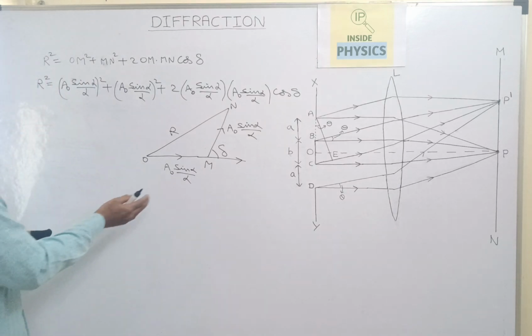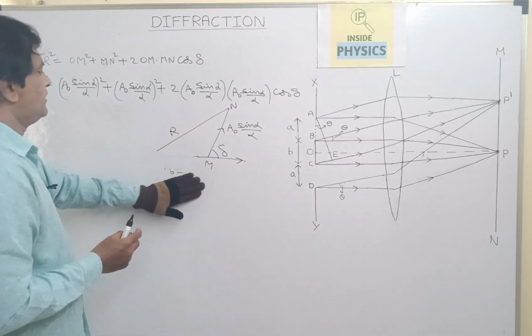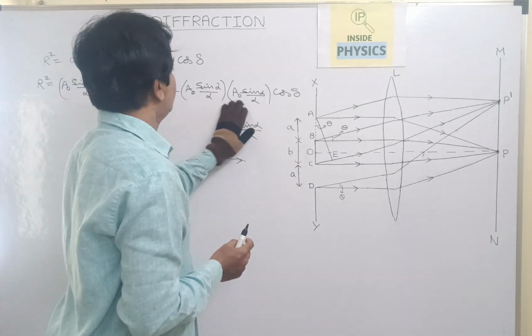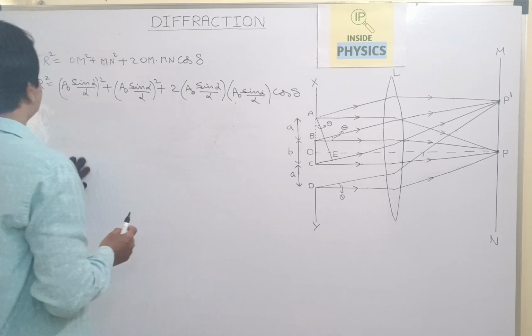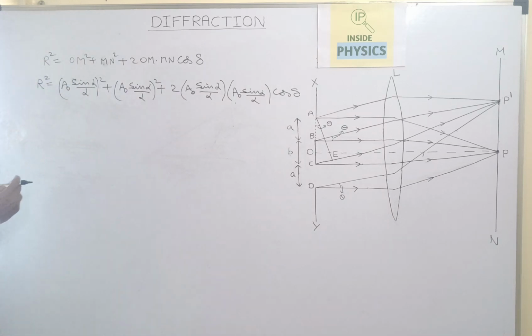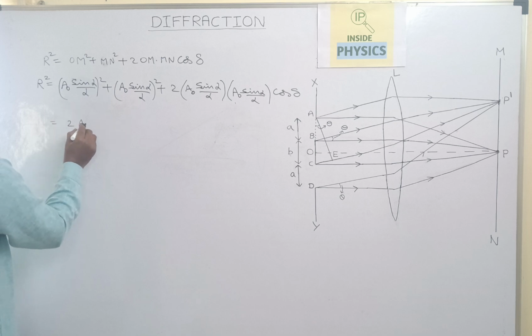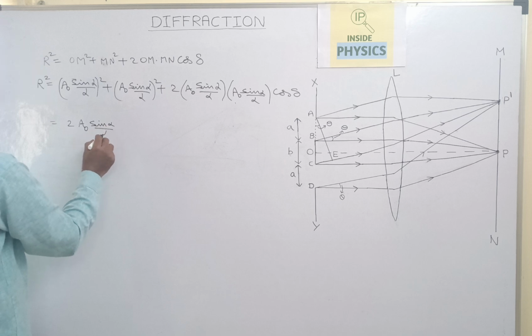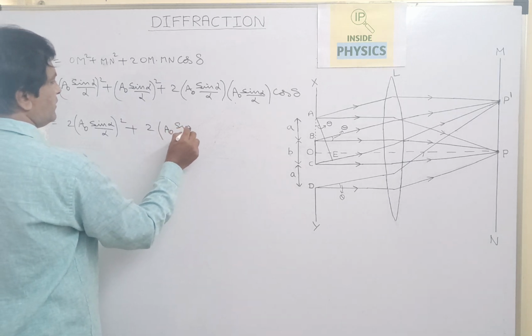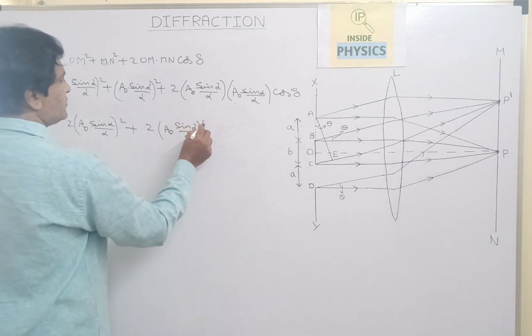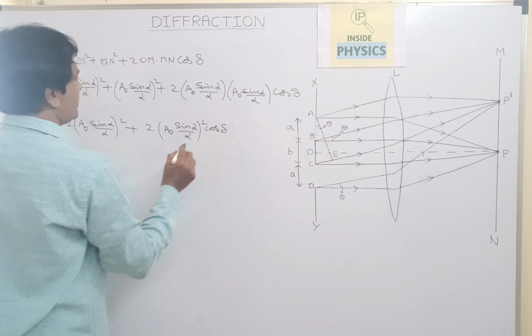Okay, so this is the vectorial picture, and I am erasing it to derive the resultant amplitude in the case of a double slit. Here, if you observe this, it can be written as 2 (A naught sin alpha by alpha) whole square plus 2 (A naught sin alpha by alpha) whole square cos delta.